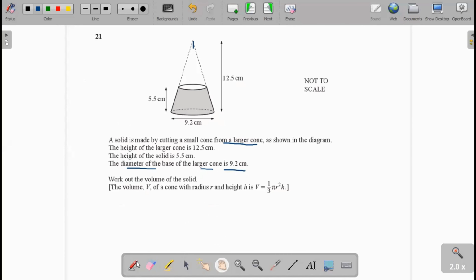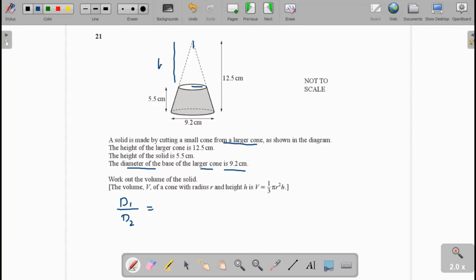To find the volume of the solid, firstly we have to find the radius of the smaller cone. Now here you see the diameter of the smaller cone is named D1 and the larger cone is D2, and the height of the smaller cone is named as H1.